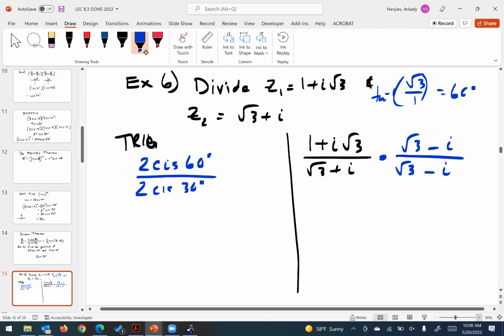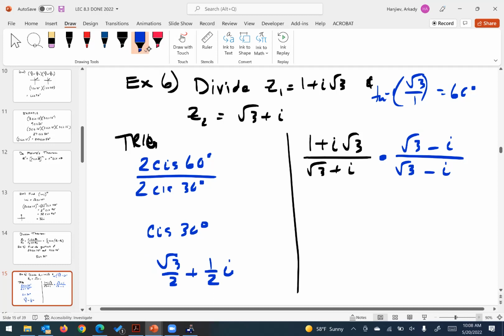And then 2 divided by 2 is 1, CIS 30. And then converting it back, 30 would be the same as the first one, so root 3 over 2 plus 1/2 I. Cool, okay. Makes sense, guys, hopefully.